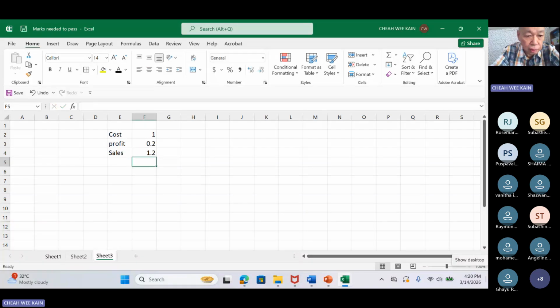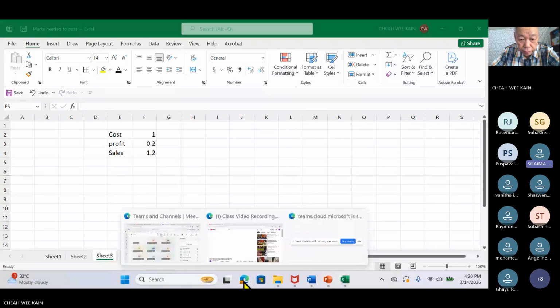One chapati. Understand? Your cost of making a chapati is $1. Your profit is 20%. Therefore, your sales must be 1.20. Correct?